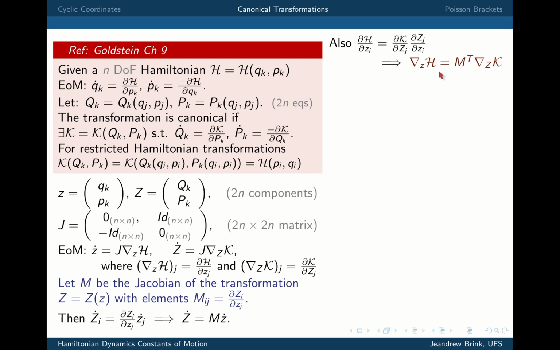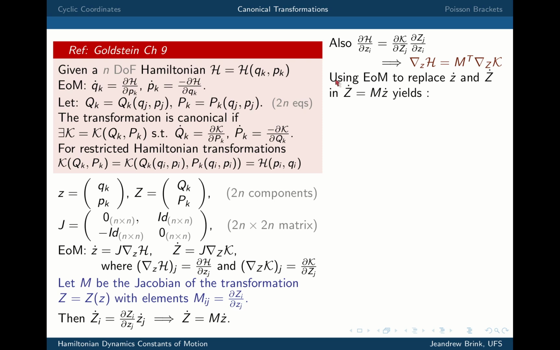If you don't see this immediately, take the 2 by 2 example, write it out, and make sure it works, because it's a very powerful thing that you're going to encounter again later on, this type of change of variable. So we now have the gradient of H with respect to little z equals M transpose times the gradient of K with respect to big Z, and we can now go back to the equations of motion and see what that means for the actual transformation.